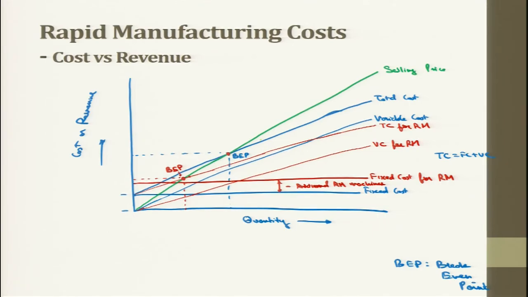Okay. Now the break-even point is lower. Now when we see this, this is the profit. Now in additive manufacturing, for some components where it is beneficial, the profit would be here. Now this is new profit. This is profit for additive manufacturing.